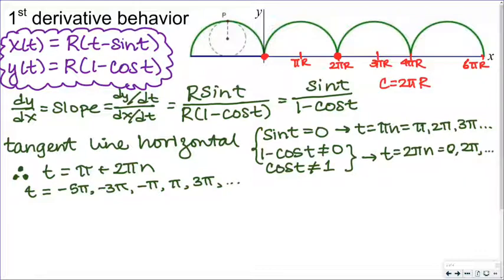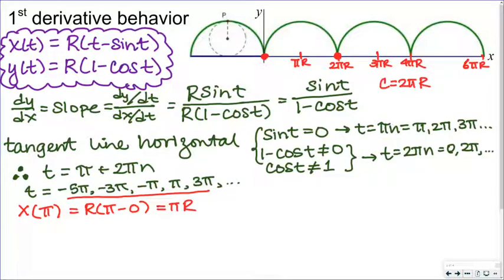So you can see that at these odd multiples of pi, well, what is x? I'll do the positive ones. X of pi is r pi minus 0. So that's pi r.